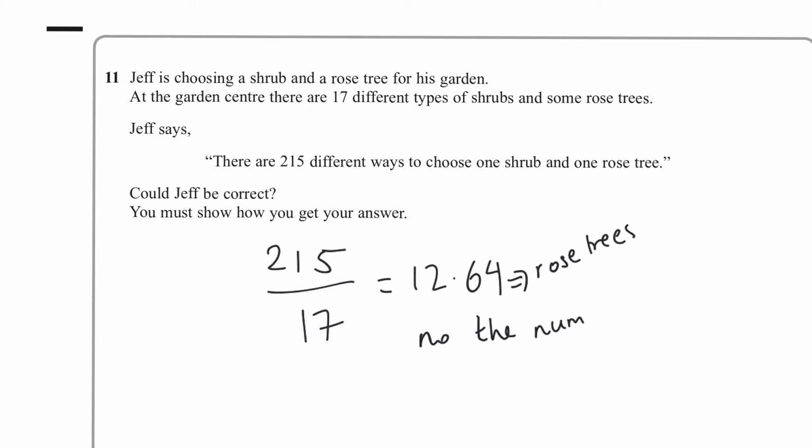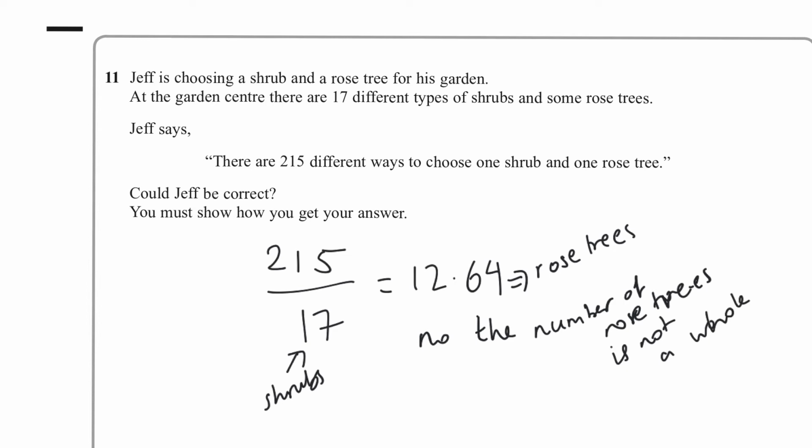What we've done is worked out the different ways of choosing one shrub and one rose tree. Remember, the 17 is the different types of shrubs. So doing that calculation worked out the number of rose trees, but because that's not a whole number, the number of rose trees is not a whole number. So therefore, Jeff is incorrect.